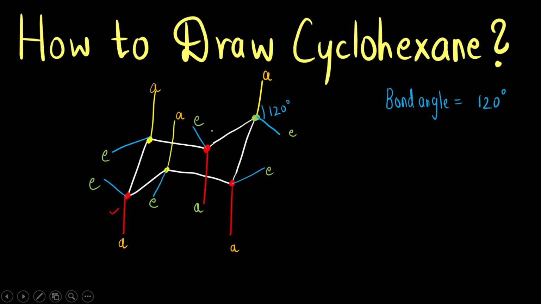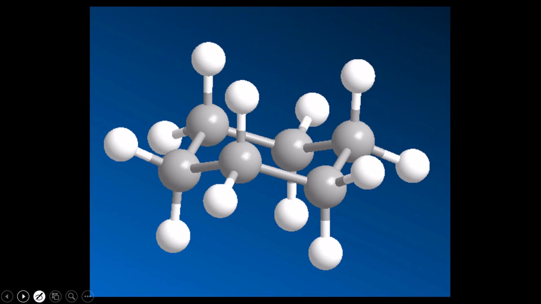In this way you can draw the chair conformation of cyclohexane. In this, if I want to mark axial, axial, axial, axial, and axial, 6 hydrogens are axial and the remaining 6 are equatorial positions.